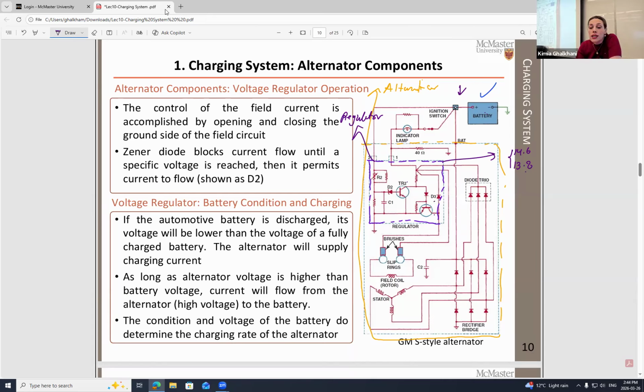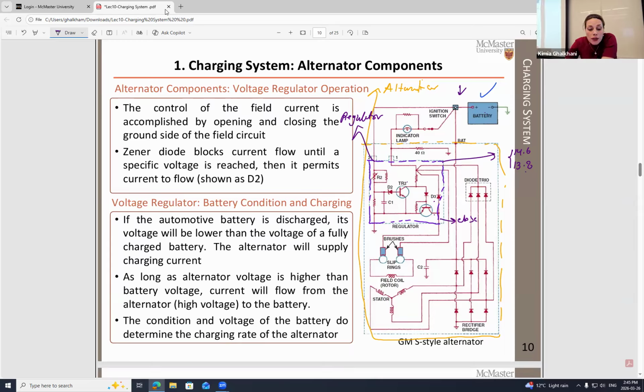Then the regulator will close the system. After the regulator closes the system, what will happen? It will activate the whole alternator, which is shown in yellow, right? And right after that, this is also going to strengthen the magnetic field in here.